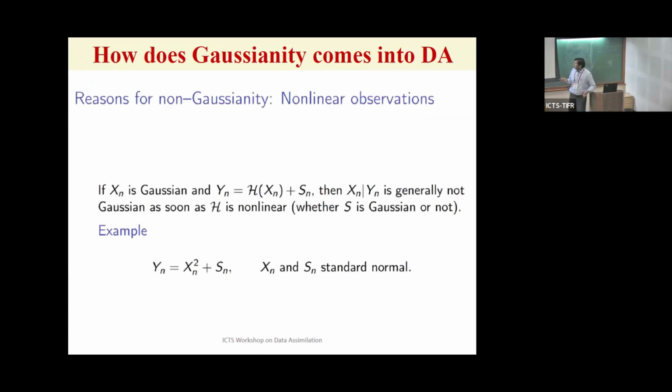The next thing is that the same condition holds for my y_n also. If my x_n and the observation error both are Gaussian, and suppose my H, the observation operator, is also nonlinear, then also my y_n does not hold this condition. So in general, when we assimilate radiances, we use some radiative transfer model.